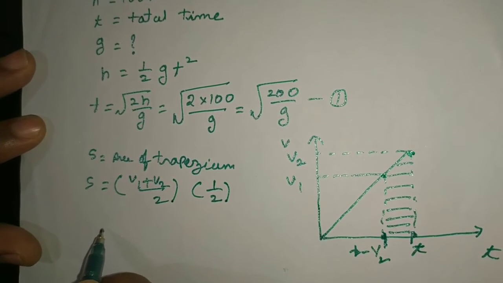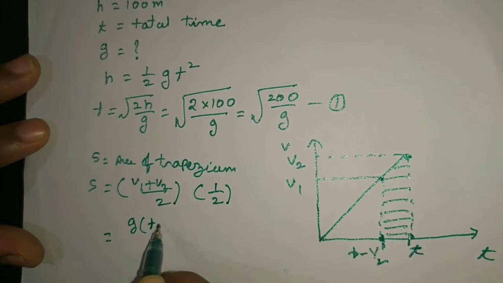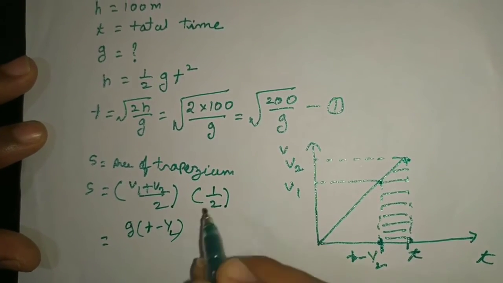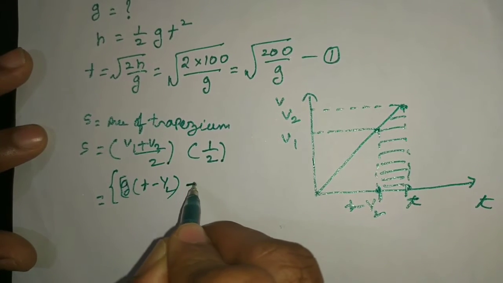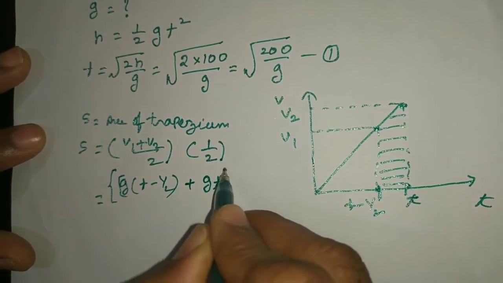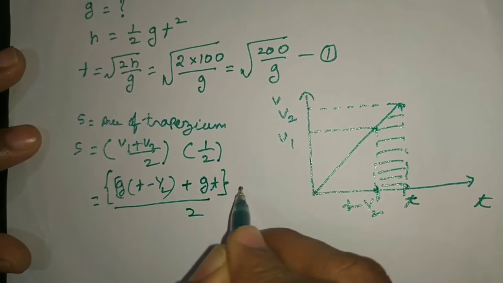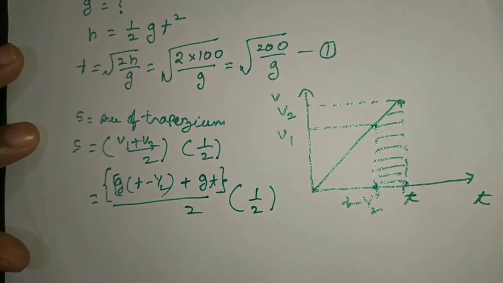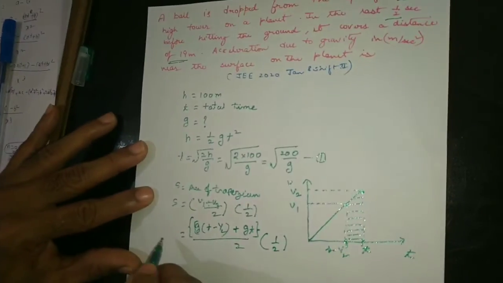Here V1 is equal to g into t minus half, by the formula v equals u plus at, and V2 is equal to g t, the velocity after t seconds. So S is V1 plus V2 by 2 into 1 by 2, and this S value is the given displacement, 19 meters.